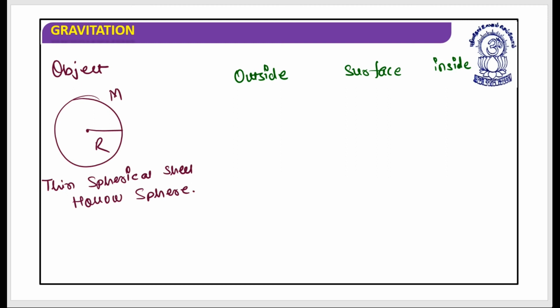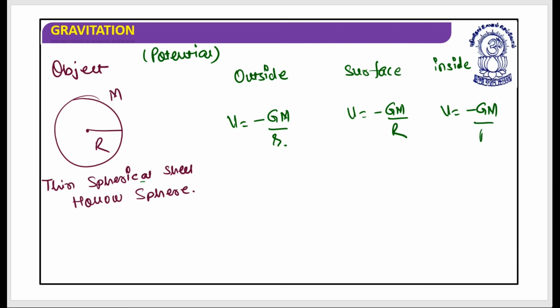First let's talk about the potentials. If a thin spherical shell or hollow sphere is there, then on the outside V is equal to minus of GM by r. On the surface, V is equal to minus of GM by r. And on the inside, V is equal to minus of GM by r. Is it clear?